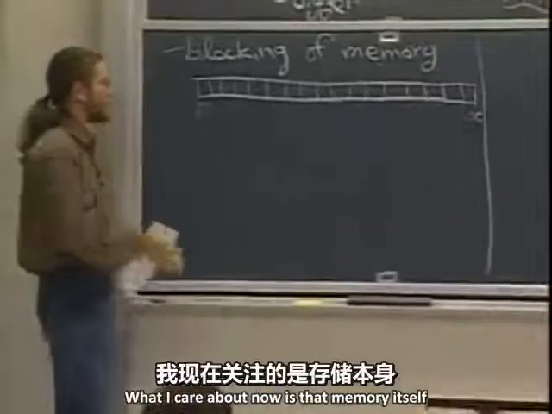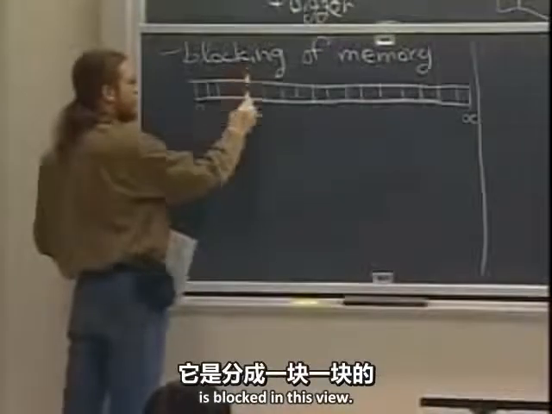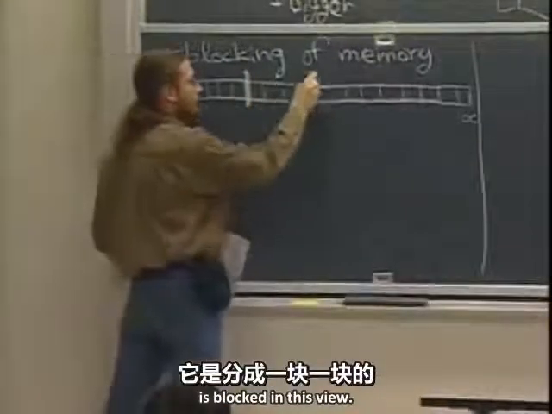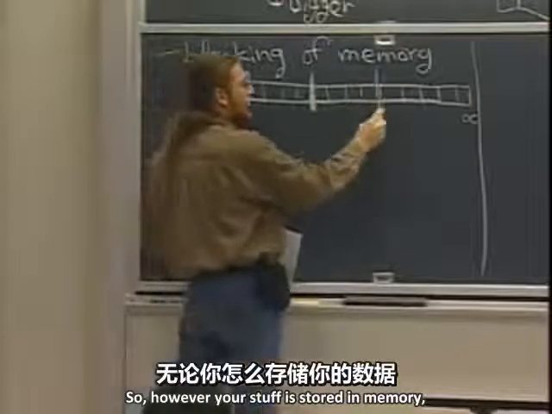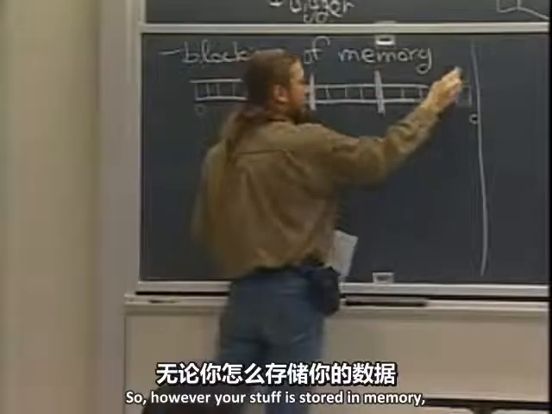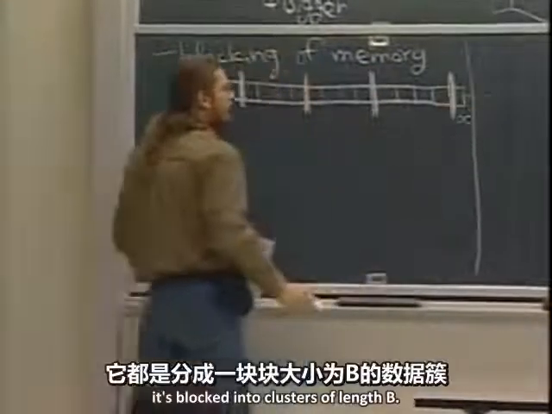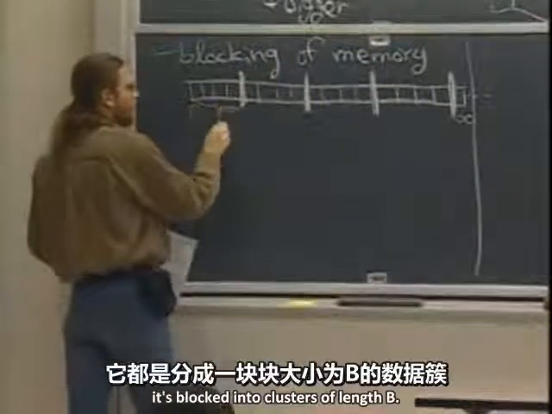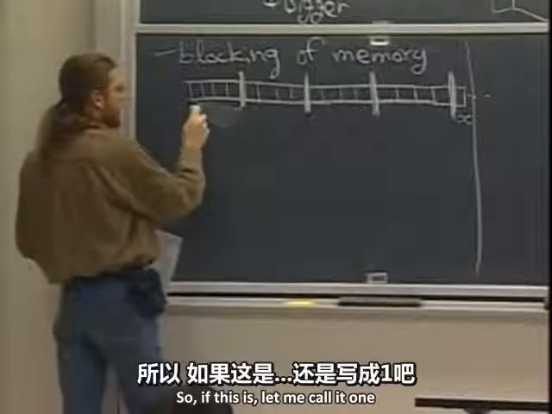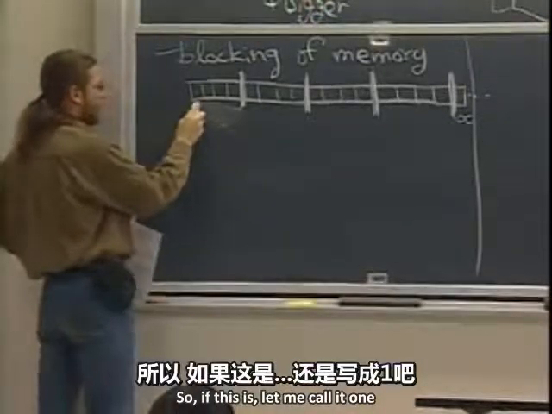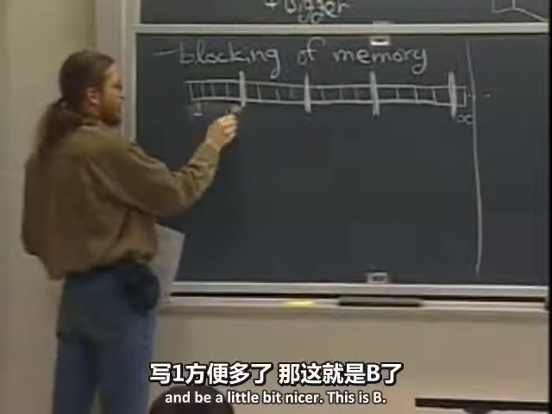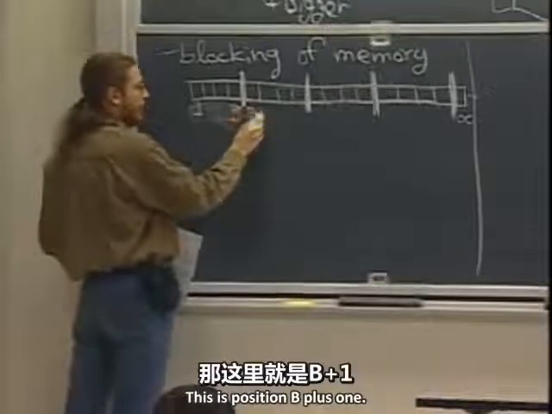What I care about now is that memory itself is blocked in this view. So however your stuff is stored in memory, it's blocked into clusters of length B. So if this is, let me call it 1, be a little bit nicer, this is B. This is position B plus 1.